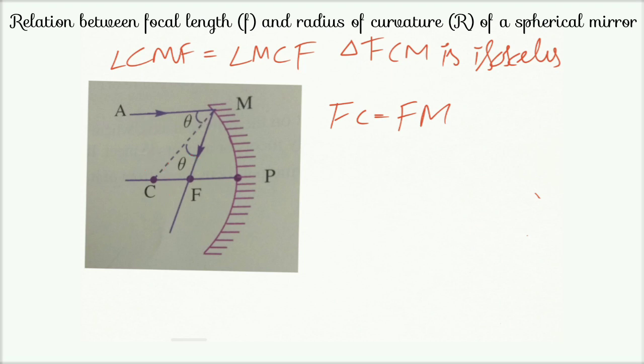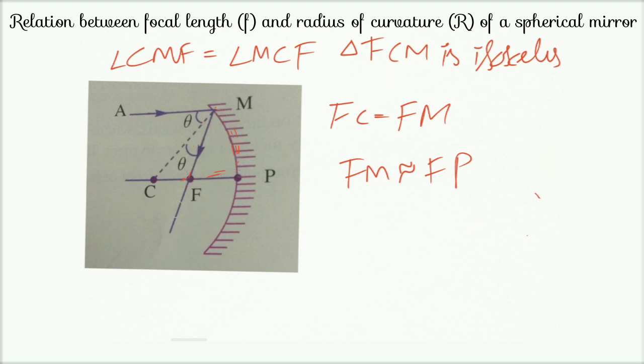Now in paraxial rays, remember, this FM and this FP, both are nearby, right? Like they look to be similar. As M is very close to P, so we can say that FM length is very near to FP.